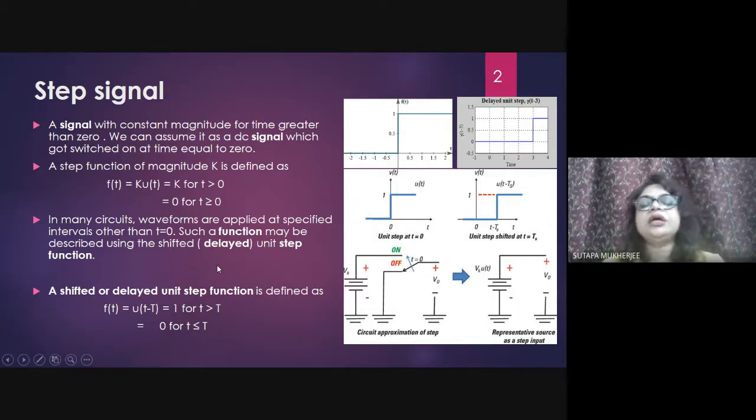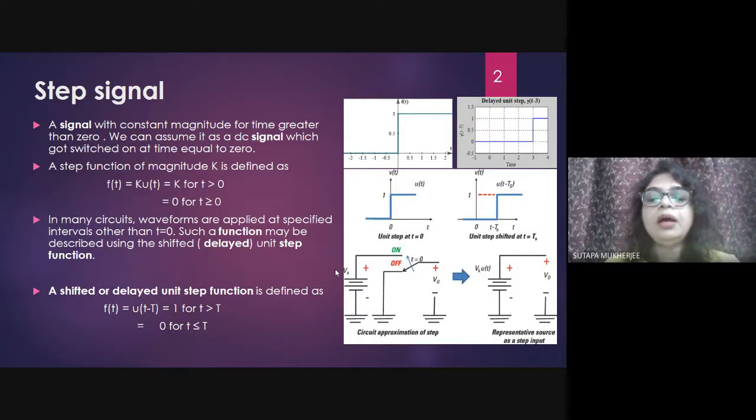So in a nutshell, the step function can be mathematically explained. It will be the value k or 1. If it is 1, then it is called a unit step function. So it will get a certain value when it starts from t equal to 0 or t greater than equal to 0, and it will be a delayed step after t equal to some particular value of time. I think it is clear regarding the step function.